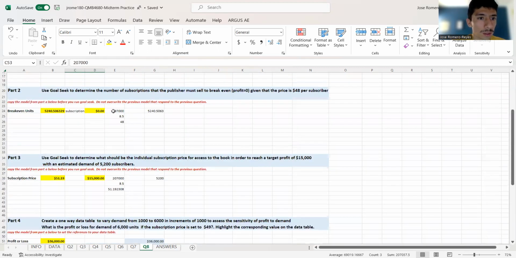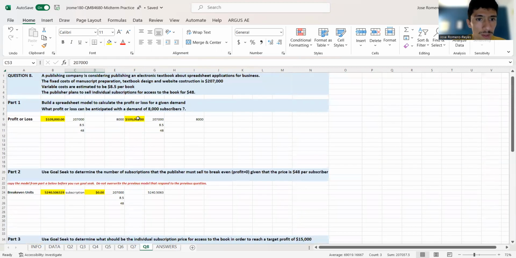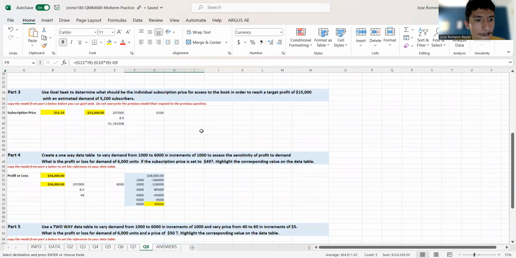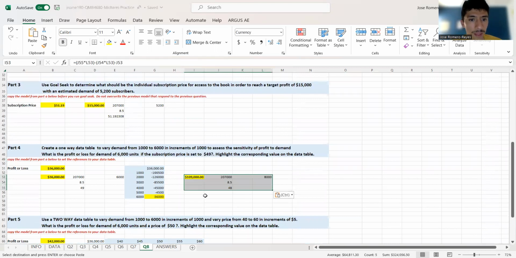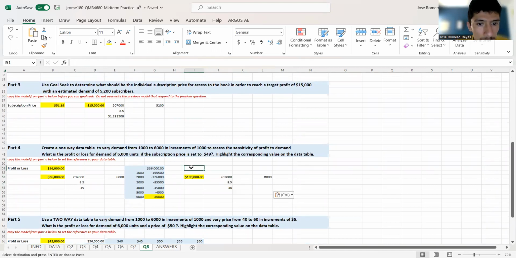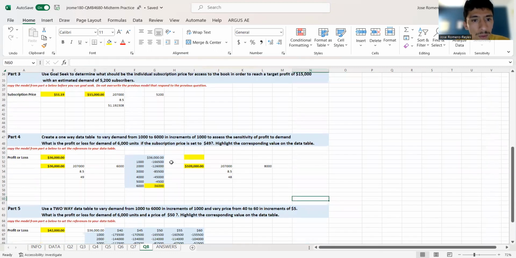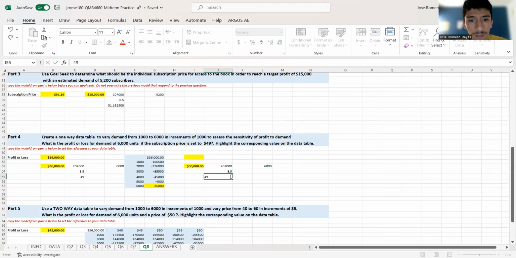Here we are, part A. We're going to paste it there and highlight this over here. As we can see, we're looking for the profit as it relates to 6,000 units. So we're going to change that. Everything else, except for the subscription price, stays the same. We're going to change that to $49.